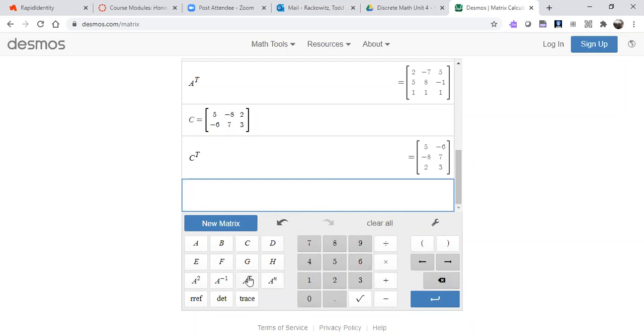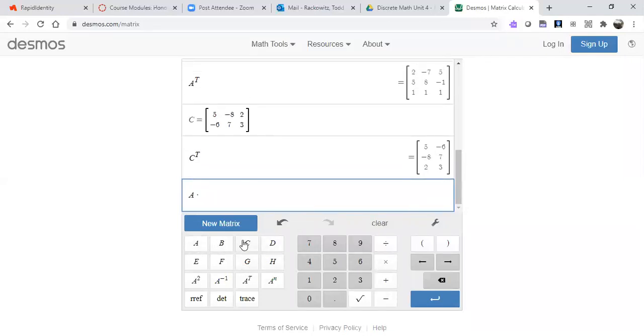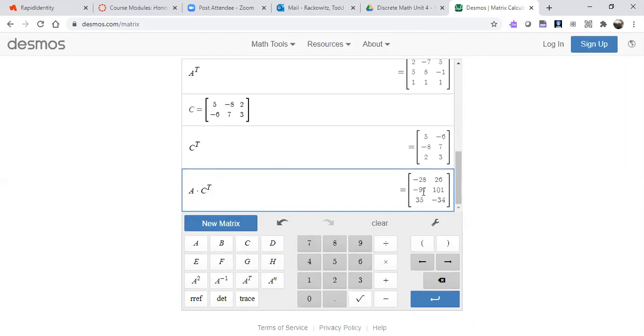Can we transpose a matrix to multiply with another one if it didn't work in the first place? Yes. So like I can't do A times C because they don't match up. But I can do A, which is a 3x3, times C transposed, because that would then be a 3x2.